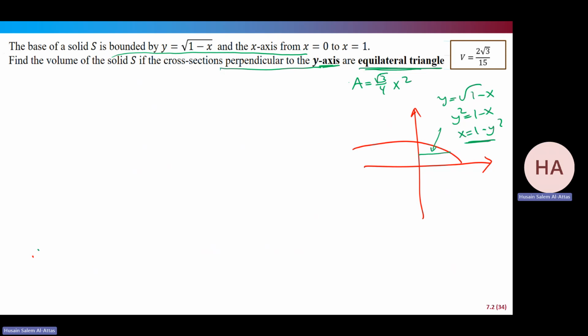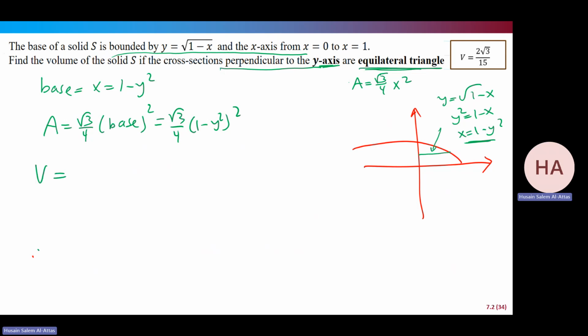So the base is 1 minus y squared. The area will be square root 3 over 4 times the base squared. That will be square root 3 over 4 times (1 minus y squared) squared.